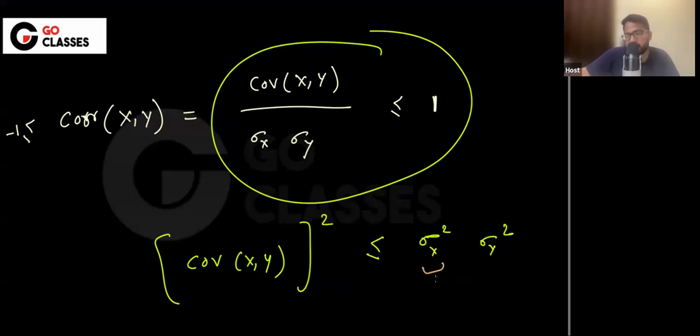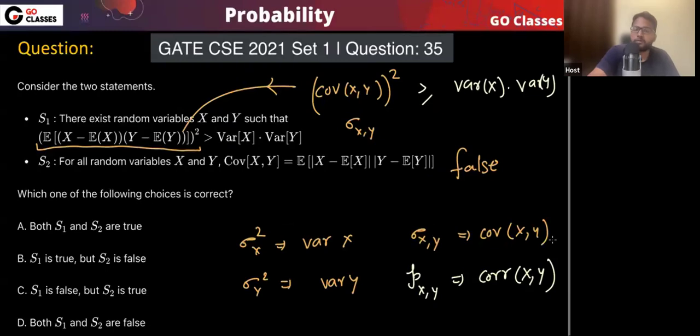This is the variance of x, this is the variance of y, right? So the greater than or equal to statement is false.